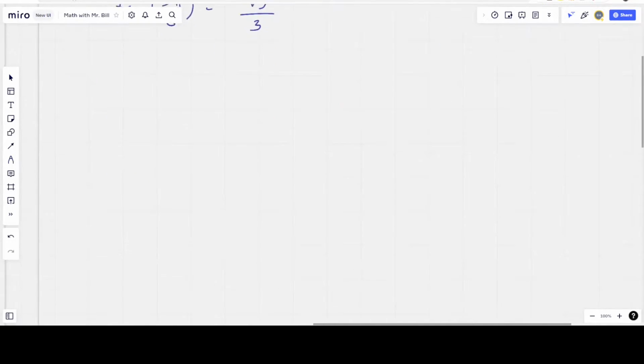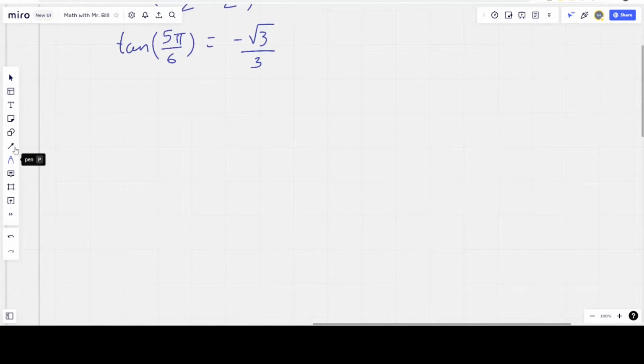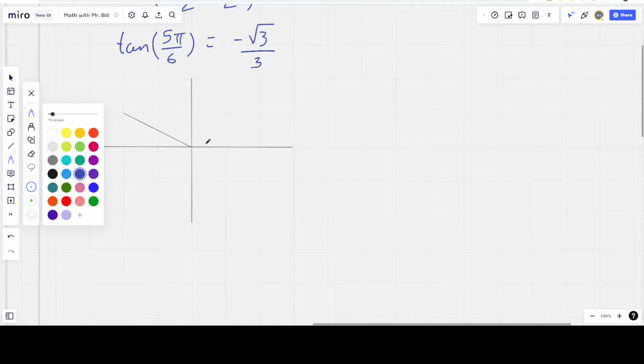And even if we look at a unit circle, that should make sense. That's going to be the y over x value over close towards the negative x-axis. So I'm going to draw up a quick coordinate plane here. And so right now what we're looking at for 5 pi over 6 is somewhere right over here. So that right there is 5 pi over 6.